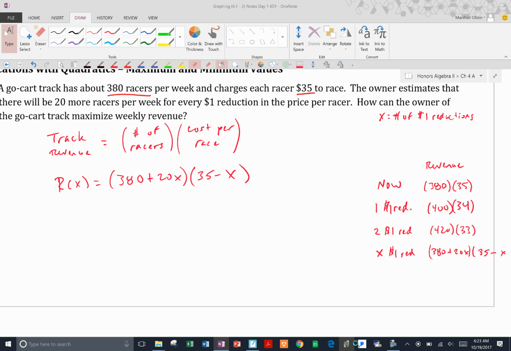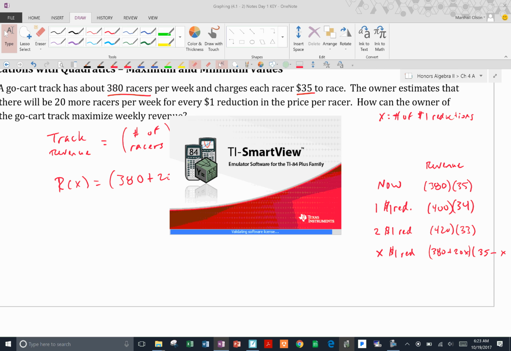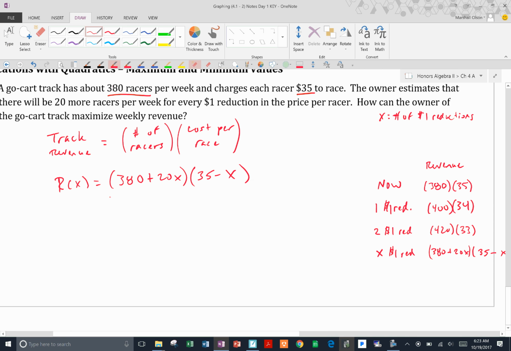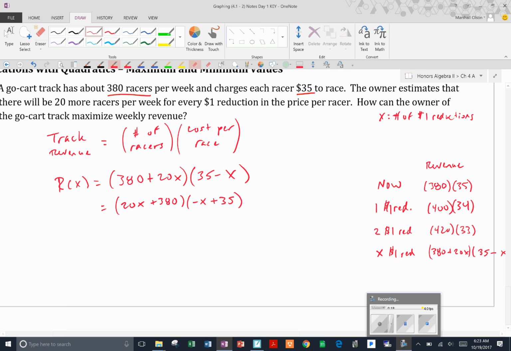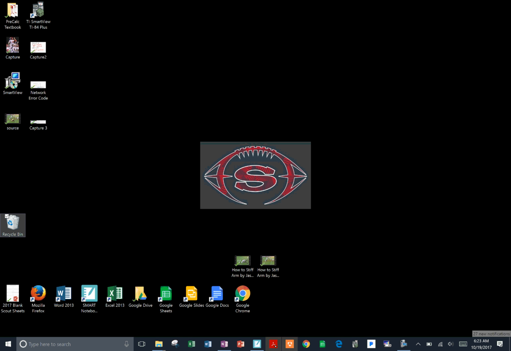I have to open up my calculator here, to make this go a little bit faster. What I'm going to do first, though, is put each of these binomials in standard form. This is not really necessary, but I'm waiting for my calculator to open, so I'm bored. Let's see here. Still waiting.